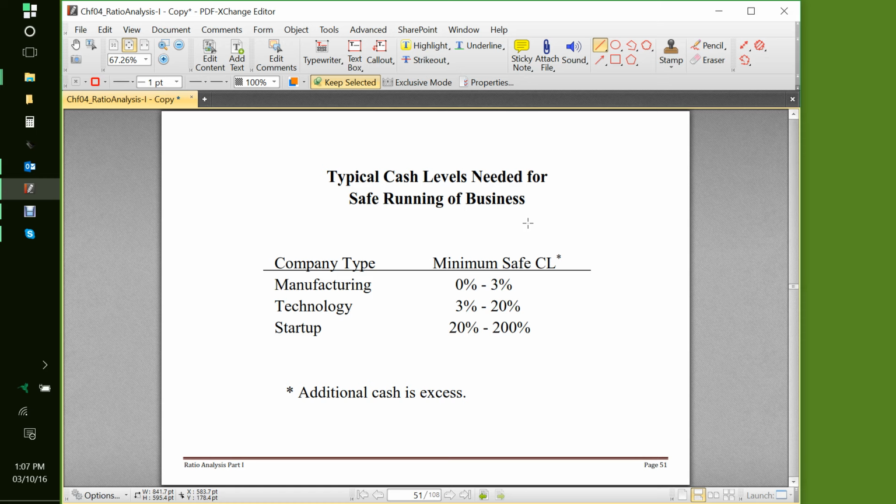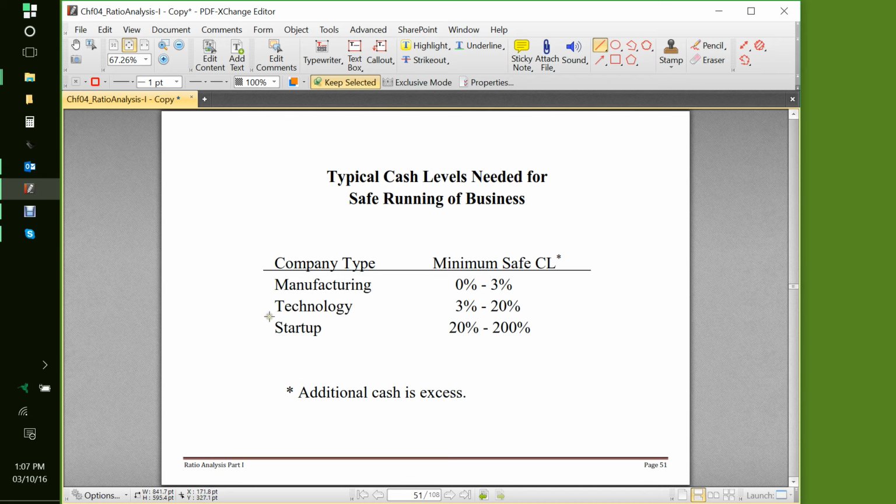So a company like Walmart that has a lot of inventory, a lot of PPE, that sort of thing, can let their cash go very, very low, even to zero, if they have a revolving loan that they can dip into at any time to generate cash when they need it.